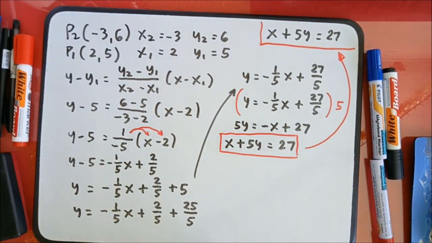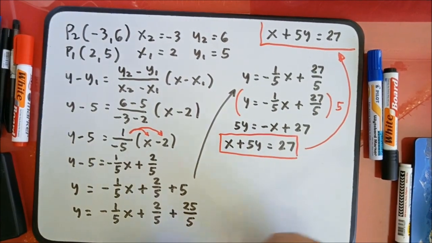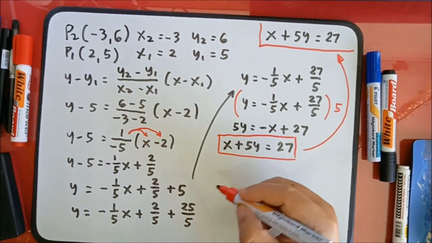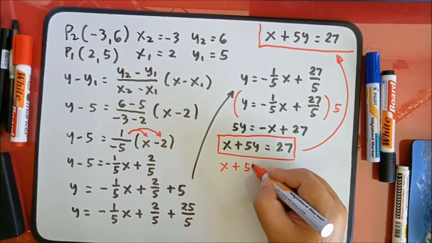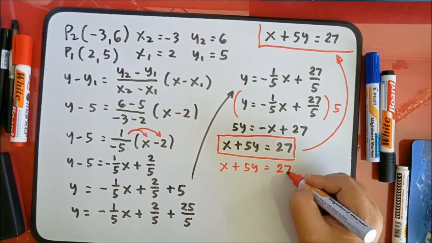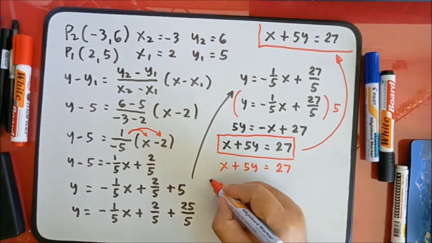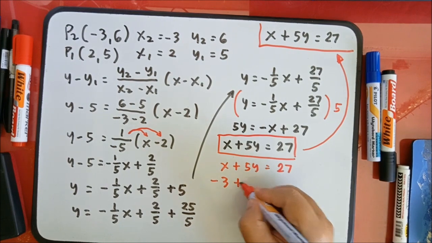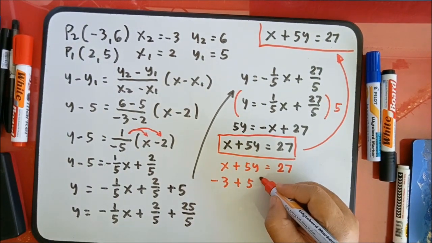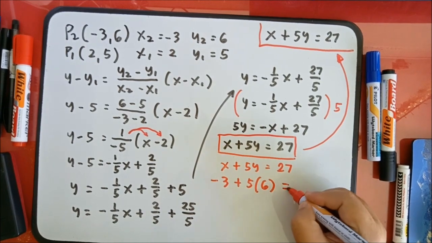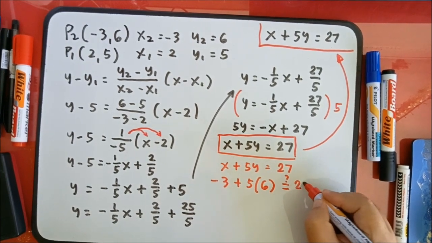Now, i-check nga natin. I-check natin kung tama yung solution set natin. Isa lang, yung point 2. X plus 5y is equals to 27. Papalitan natin ng negative 3 ang x. Plus, papalitan natin ng 6 ang y. Okay, tingnan natin kung 27 nga ba.